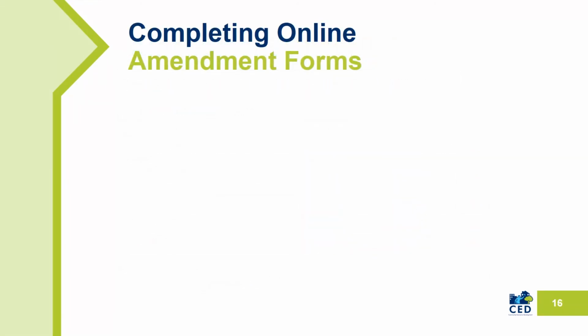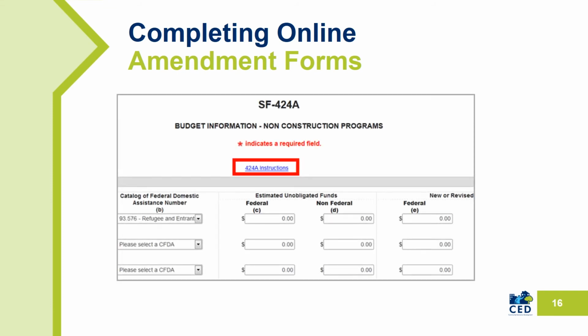Now remember, this screen is specific to a budget revision amendment, but we just want to point out that the online forms you will fill out for all post-award actions will have required fields for you to complete, and there is a link for specific instructions on completing the form at the top of your screen, as you see outlined on this slide. After completing online forms, you'll select Save or Show Errors. Then you will select Close, and you'll be redirected back to the Amendment Checklist page.